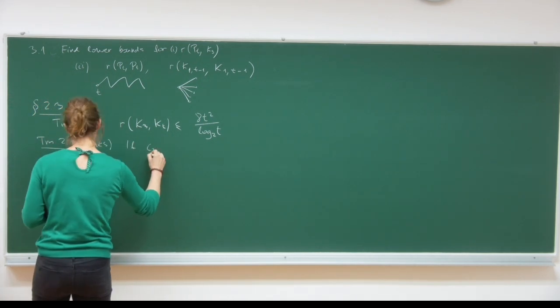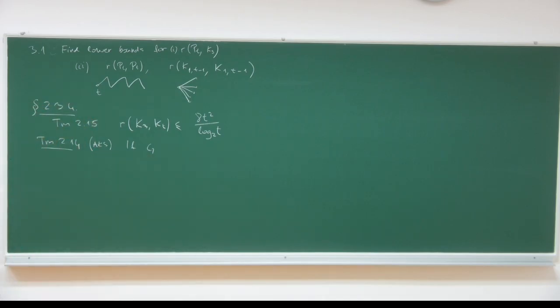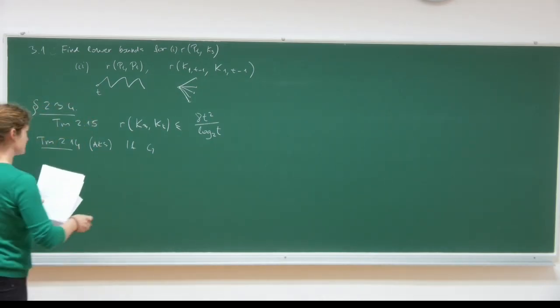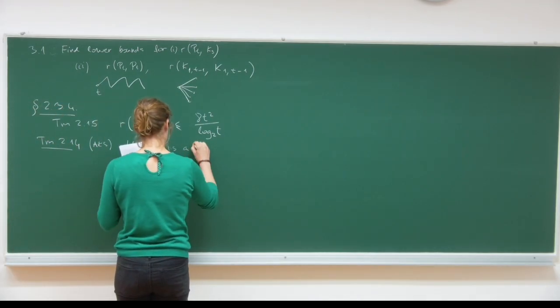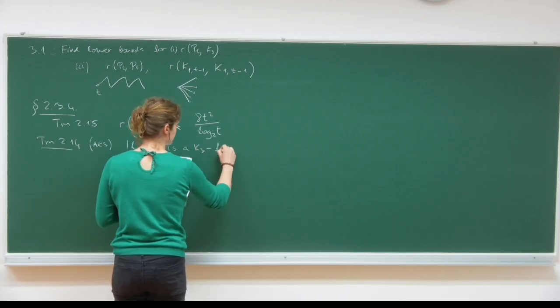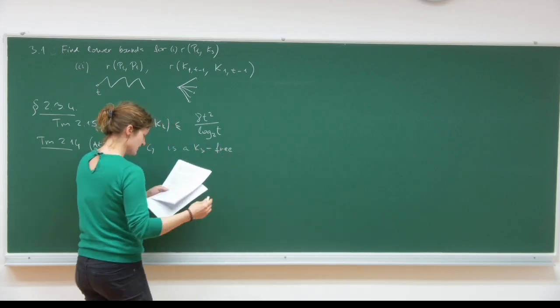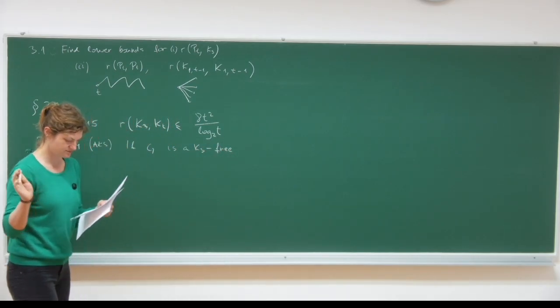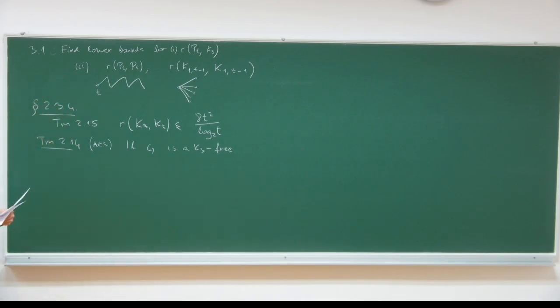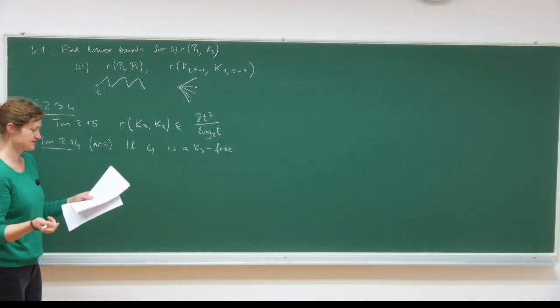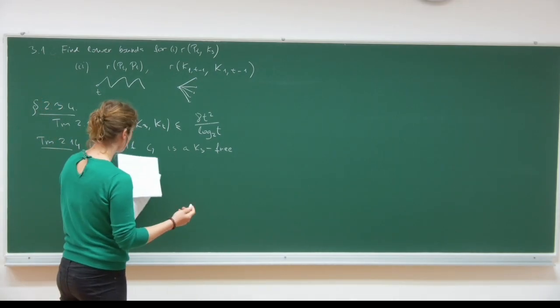If G is a triangle-free graph, so this means it doesn't contain a copy of K3. And again, if English is a problem, like if there's a specific term that I'm using, please let me know and I'll translate to Croatian.